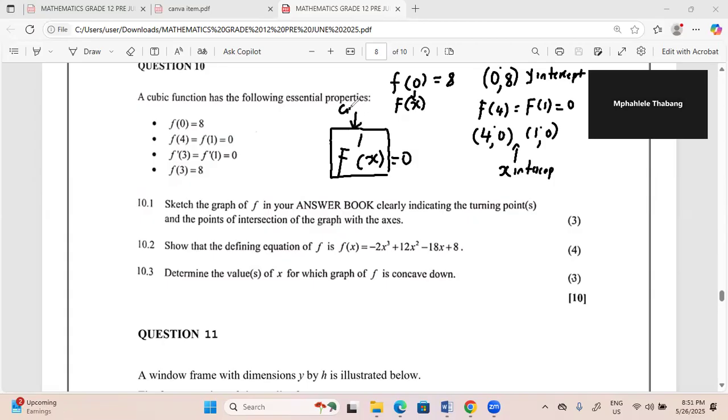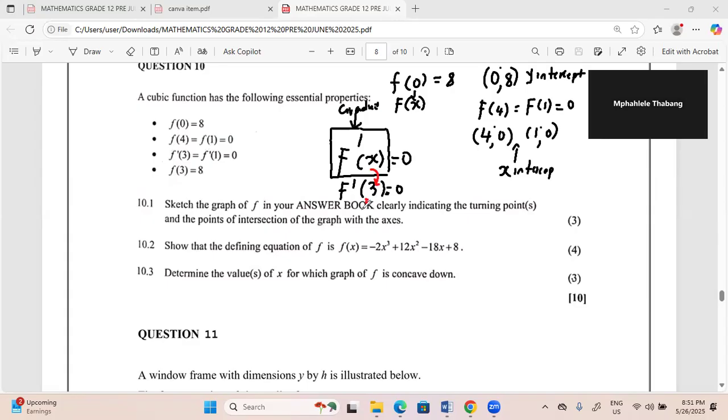Now, if I say f prime of 3 equals 0, I'm saying the gradient is 0 at a point where x is 3.